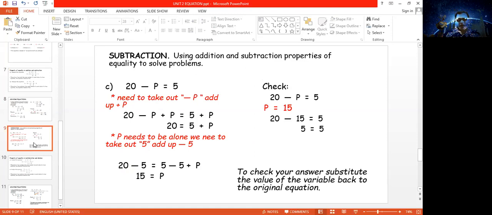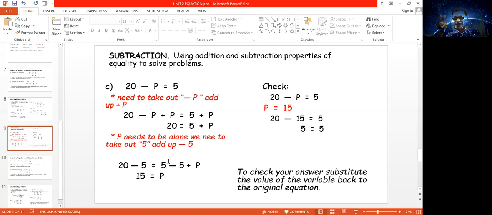Again, continue, because remember, our variable needs to be isolated. It always wants to be alone. So since we have positive 5 here, you subtract 5. As simple as that. So our p will be alone again.